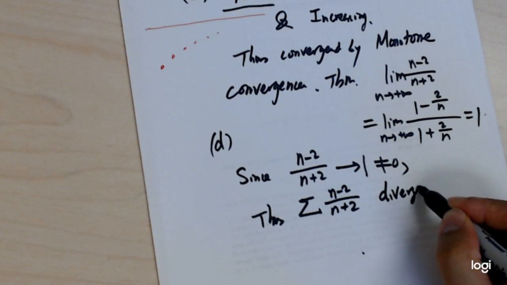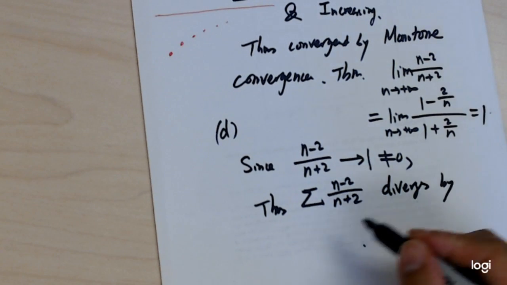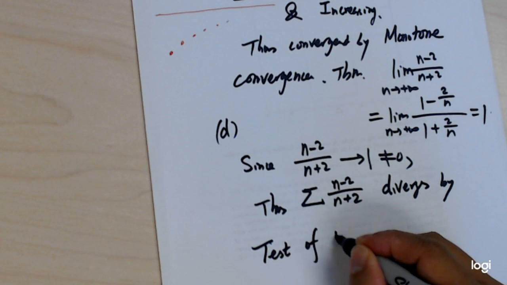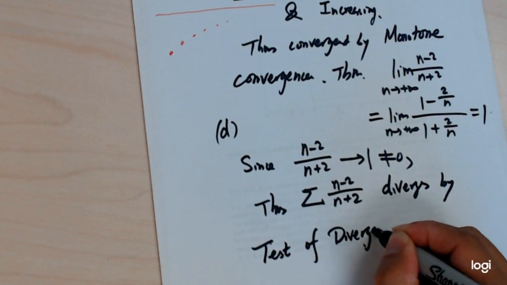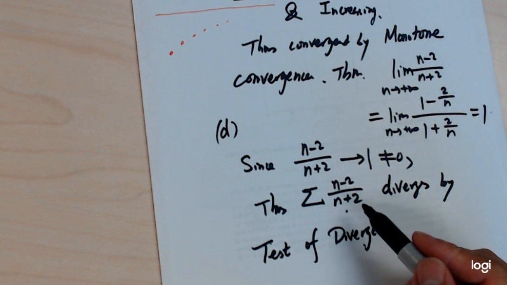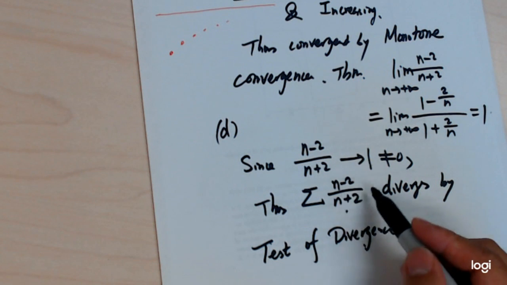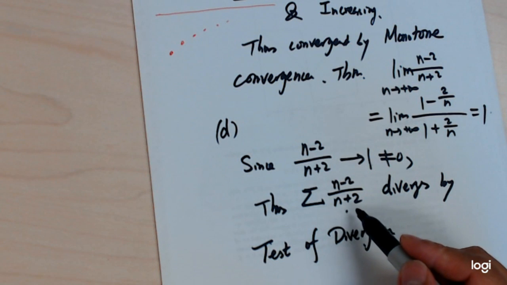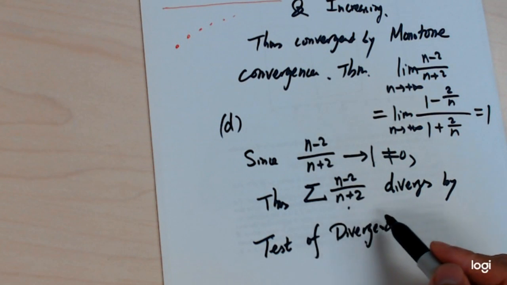Thus, it diverges by the test for divergence. The test for divergence says as long as the term does not go to 0, the series must be divergent. It didn't say anything about what happens when the term goes to 0. It only says if this guy does not go to 0, then the infinite series must be divergent.